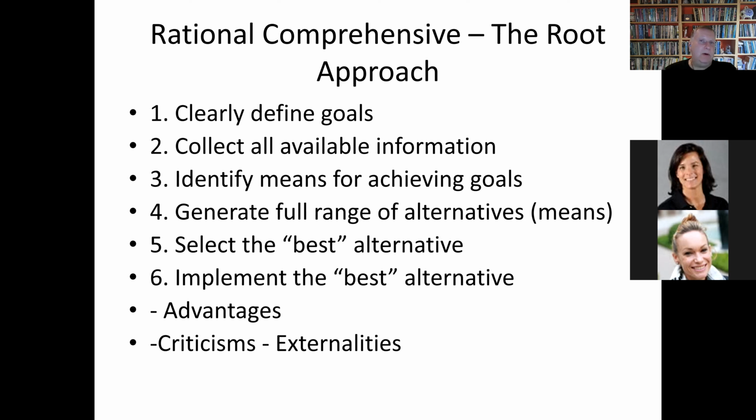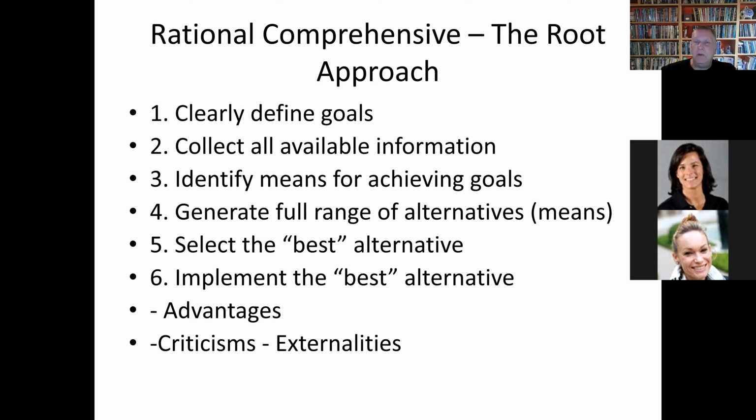Not only do we have this bounded rationality and these cognitive limitations, which will preclude us from putting together a full range of alternatives, we also have the presence of what we call externalities. And externalities are unintended consequences. So there may be some unintended consequences from a certain course of action that we are not able to predict. We don't know what will happen.